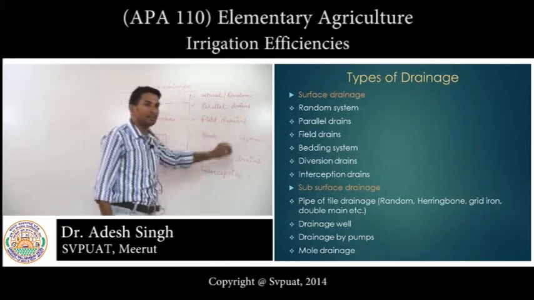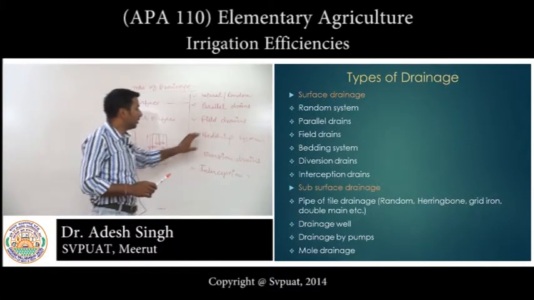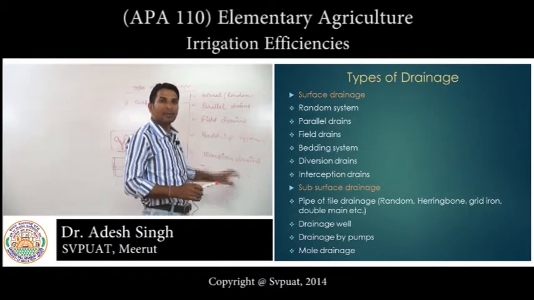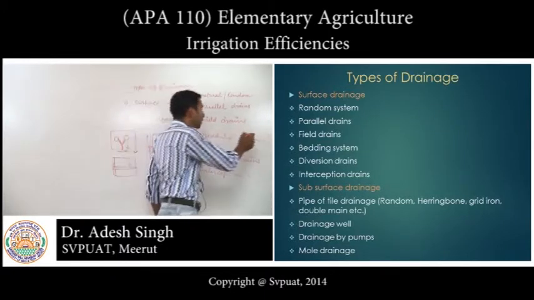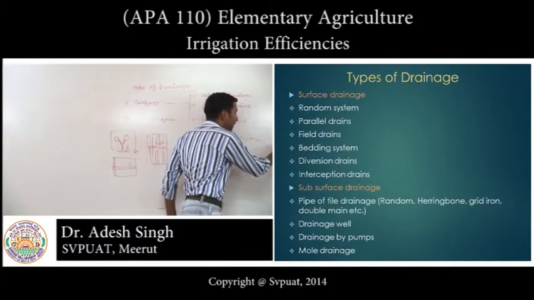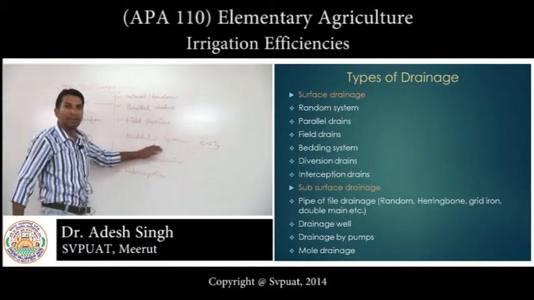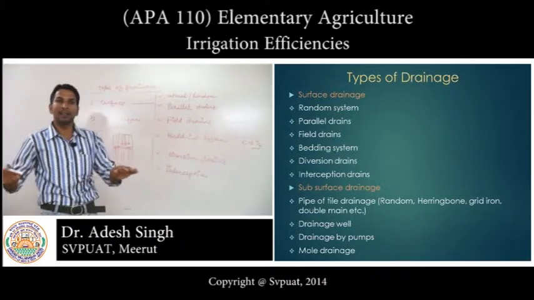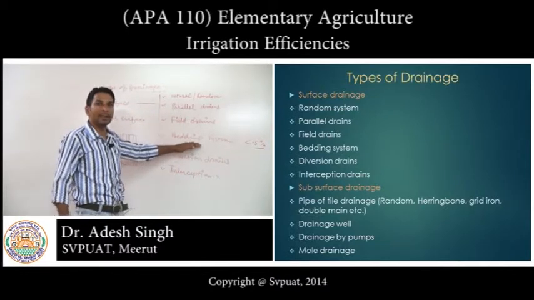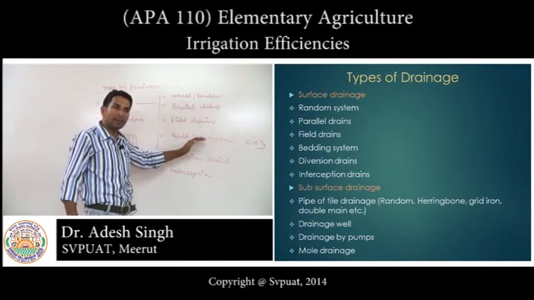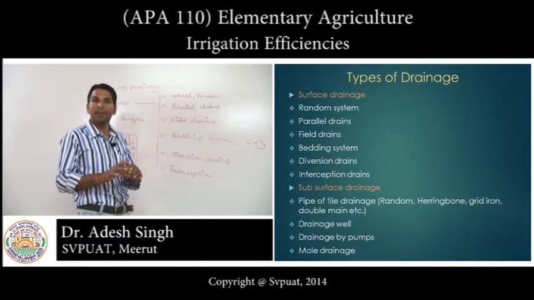In the bedding system, when the slope is very low, or the field is a leveled one, or you can say the slope is less than 0.5%, so in this case, whatever surface drainage system is adopted, only dead furrows are made.